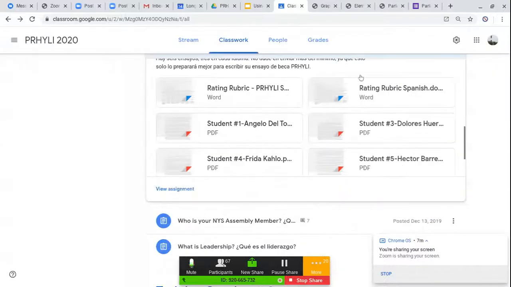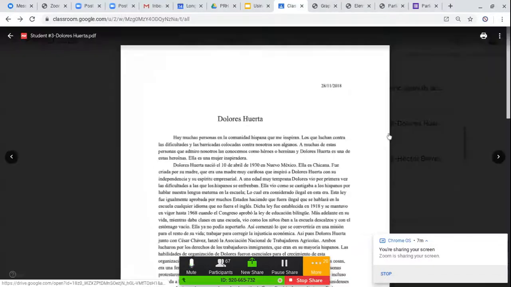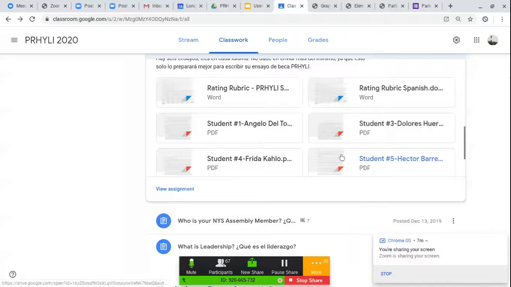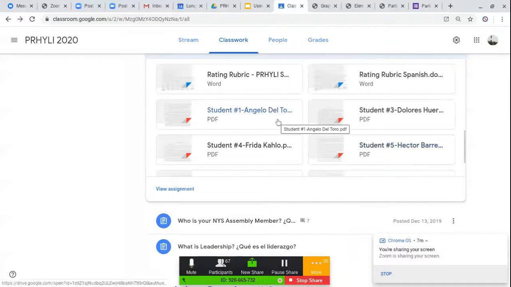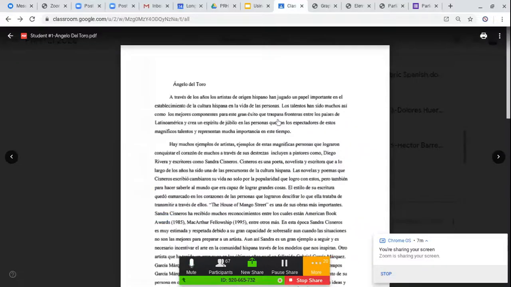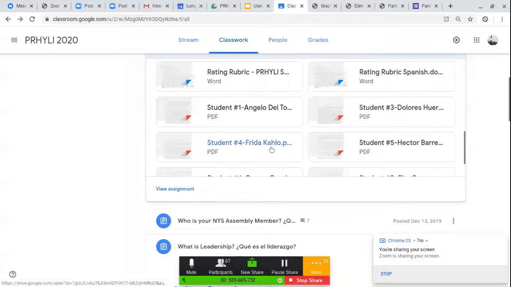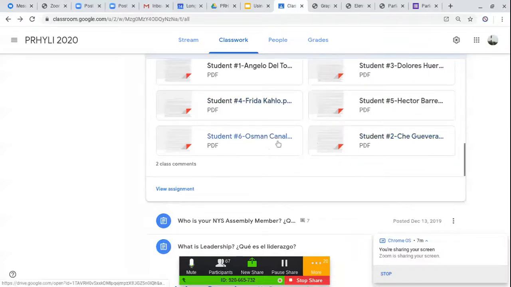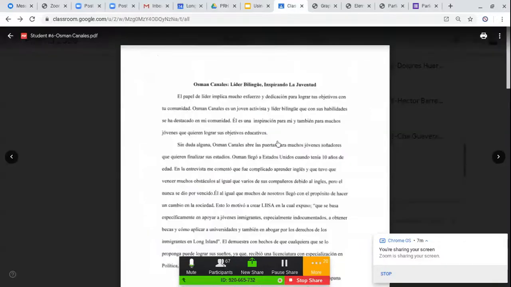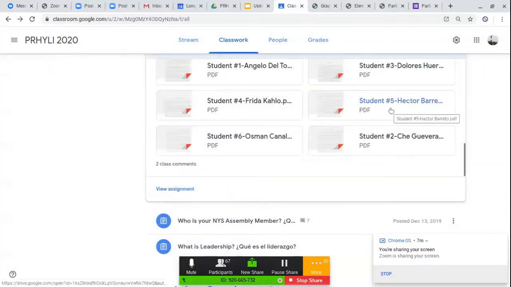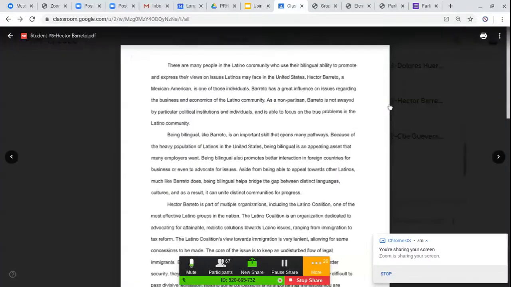And we also downloaded essays in English as well. Here are all my Spanish essays. This is also in Spanish. Okay, so we downloaded examples of different essays in both languages.